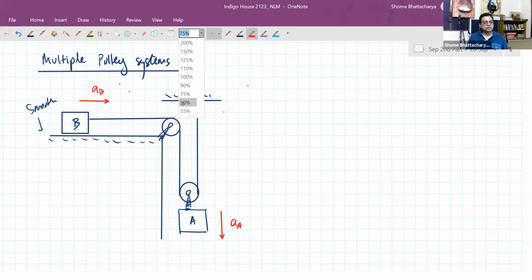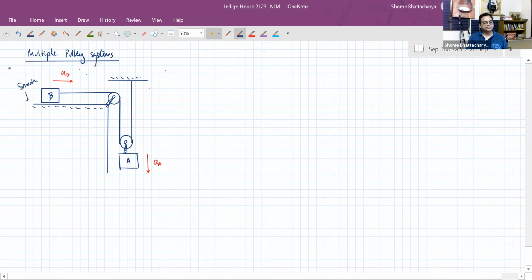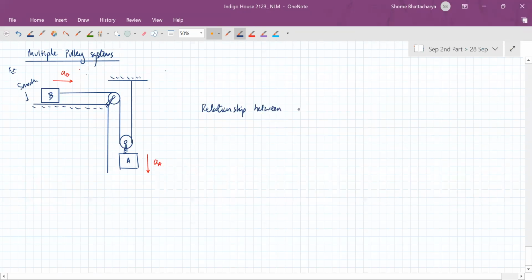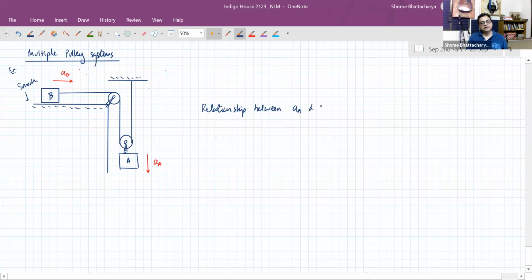So in such an example, there is a relationship between the acceleration of A and the acceleration of B. In fact, there's a relation between the motions of the two blocks. And that relation is called a constraint relation.